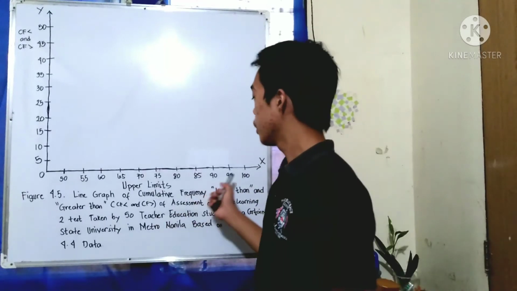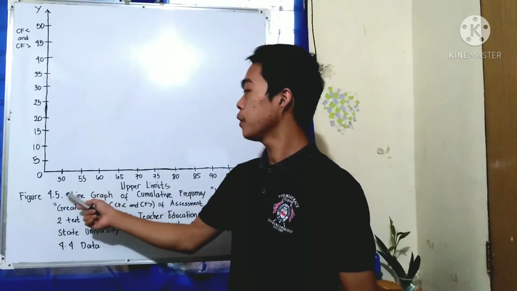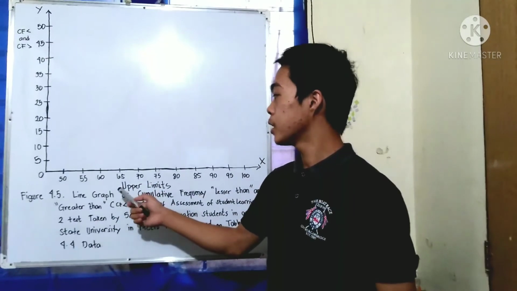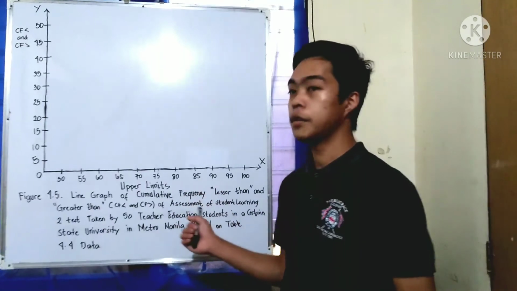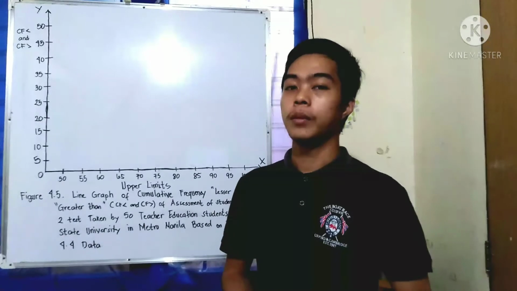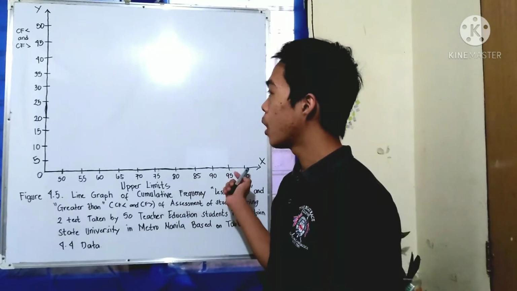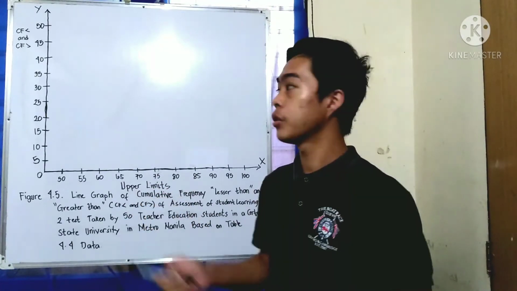In your x-axis, the upper class limits, which are 50, 55, 60, 65, 70, 75, 80, 85, 90, 95, and 100. So that is how we prepare our line graph.